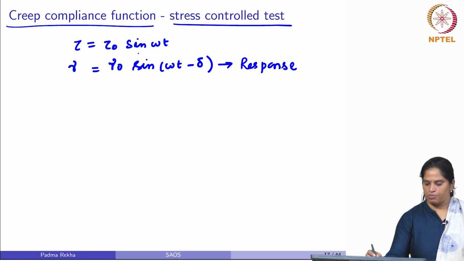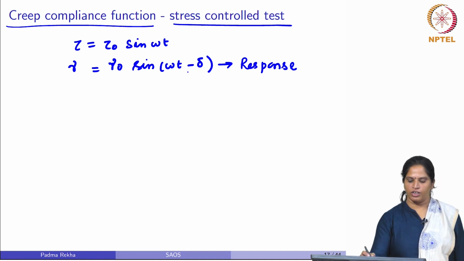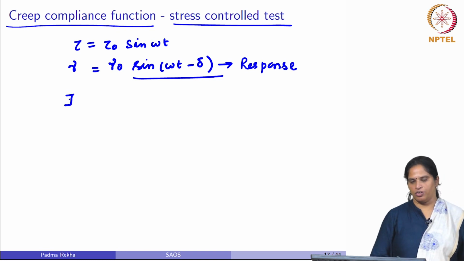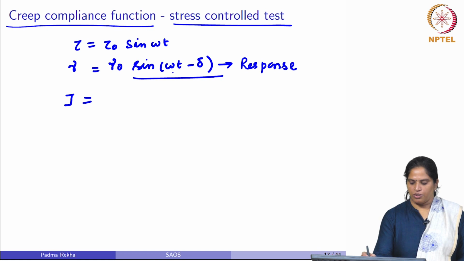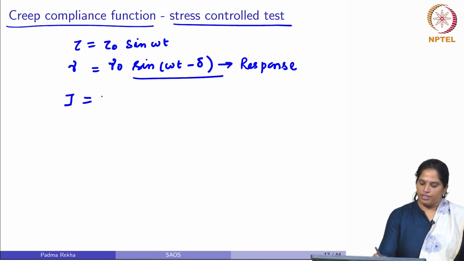With the stress being sin omega t, the strain will be a function of sin and cos omega t. If you expand this and proceed in the same way as we did for the dynamic modulus, you can separate the coefficient of the sin term and the coefficient of the cos term, and you get two functions, one corresponding to the elastic response.